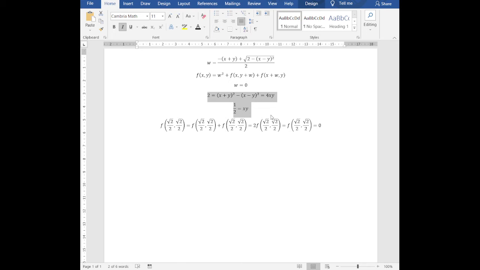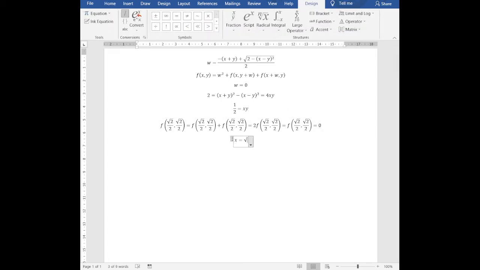Because I can also Taylor series expand about this fixed point, actually. Potentially. Well, I mean, definitely I can. So, let's just recap. How does this work? Well, let's substitute this in. So I'm going to say x equals square root 2 over 2, y equals square root 2 over 2.